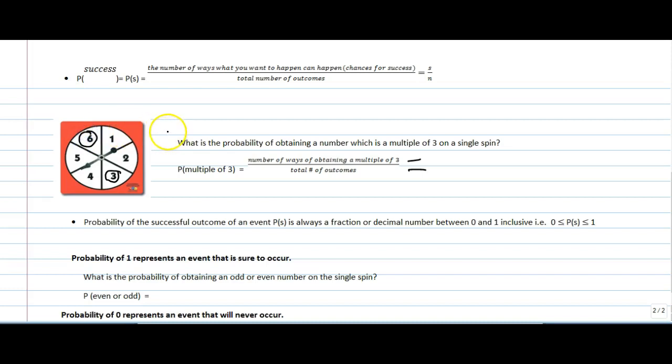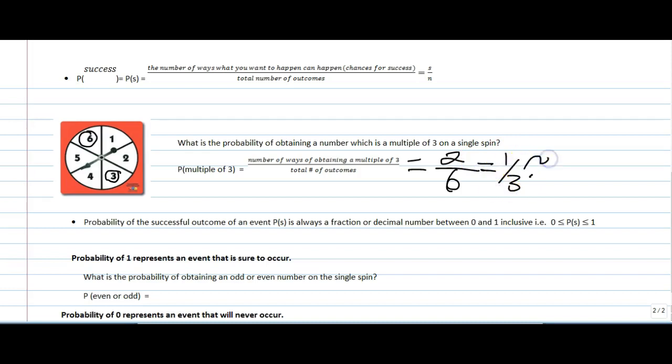So if the spinner lands on 3 or 6, what I want to happen has happened. So I have 2 chances for success. However, there are 6 possible outcomes, because the spinner can land on any one of these 6 digits. So the probability is 2/6, which is equal to 1/3.